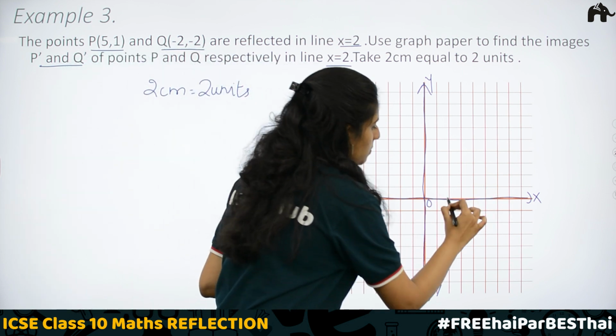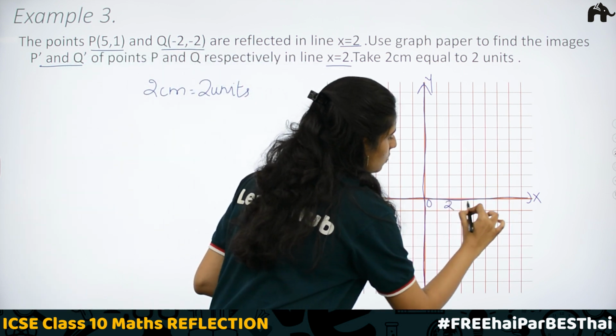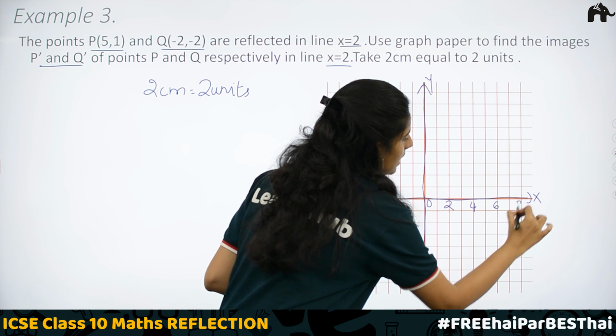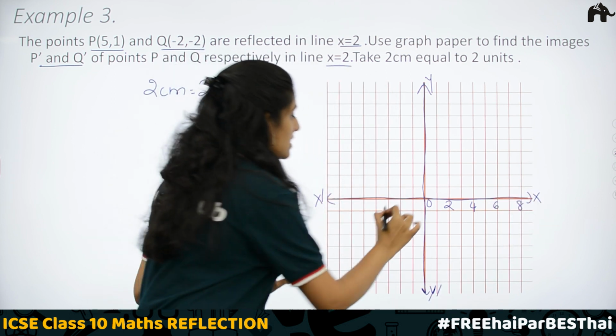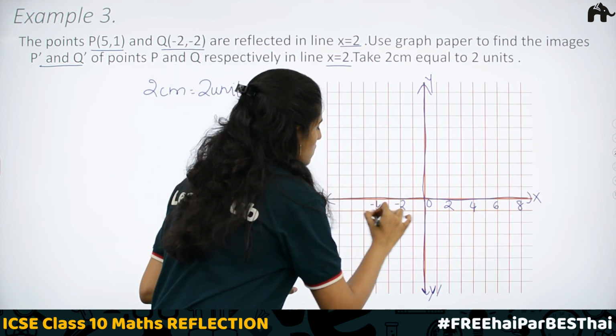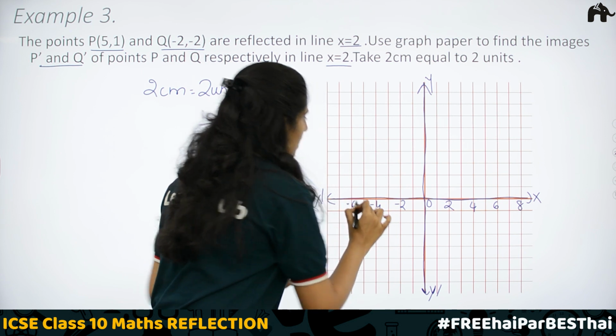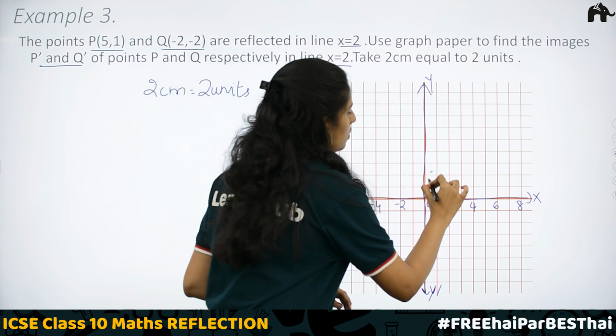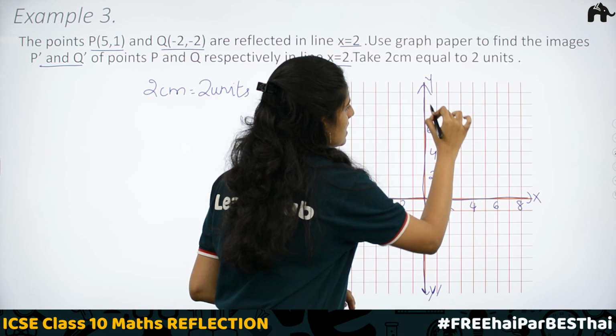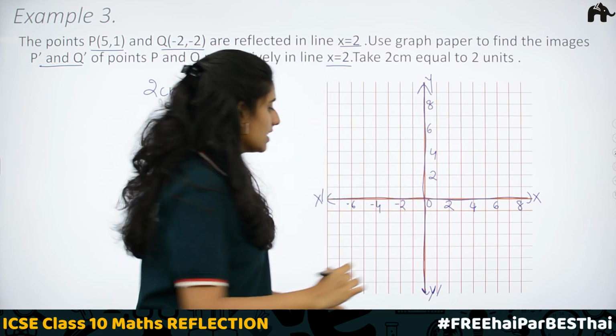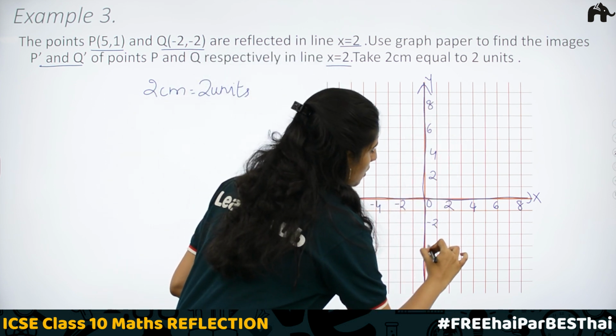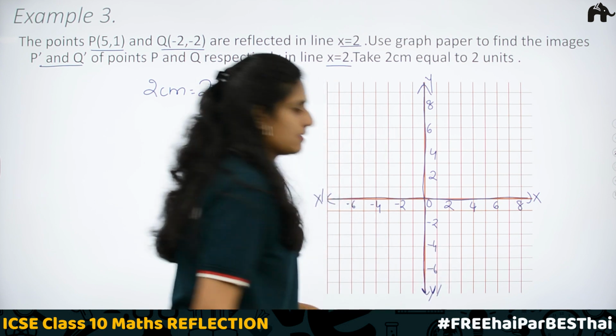That is, let's mark the points along the positive x-axis 2, 4, 6, 8. Negative x-axis minus 2, minus 4, minus 6. Positive y-axis 2, 4, 6, 8. Negative y-axis minus 2, minus 4, minus 6.